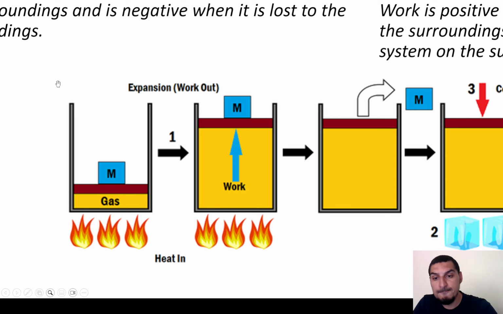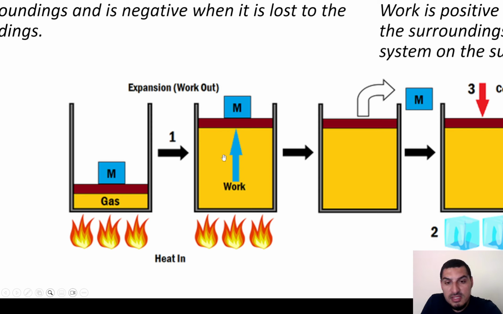So if you look at the transformation from this state to this state, the system gains energy because of the heat. In this case, we have positive Q because the heat is going inside the system.